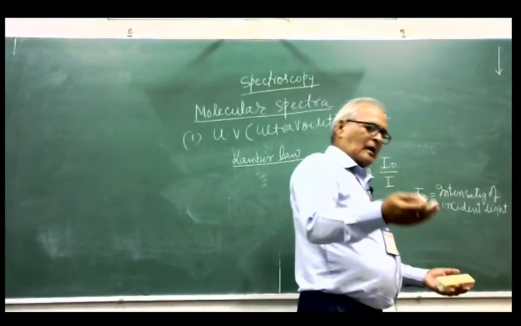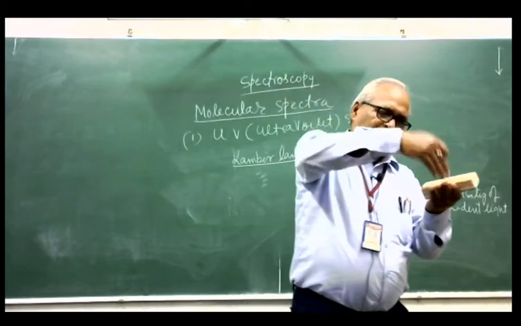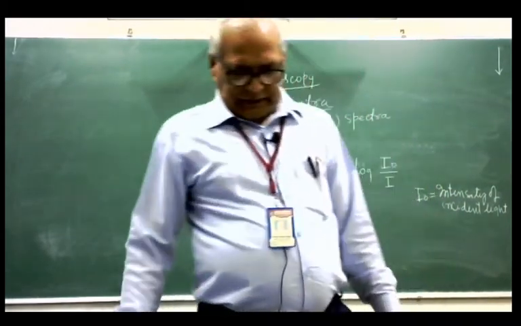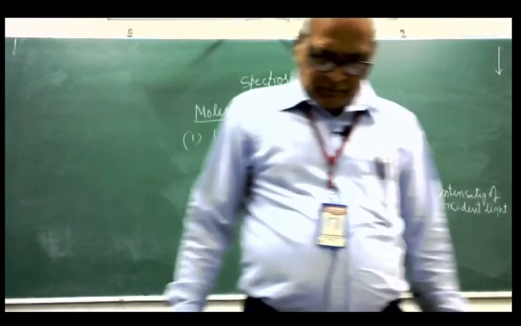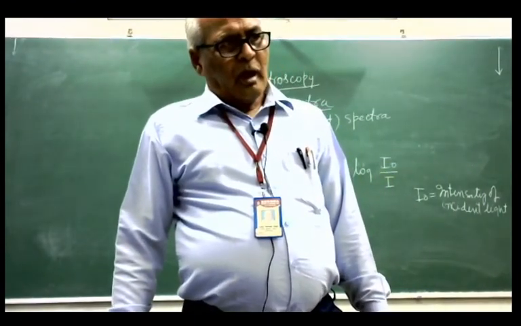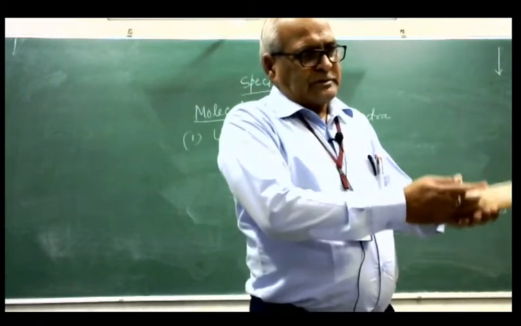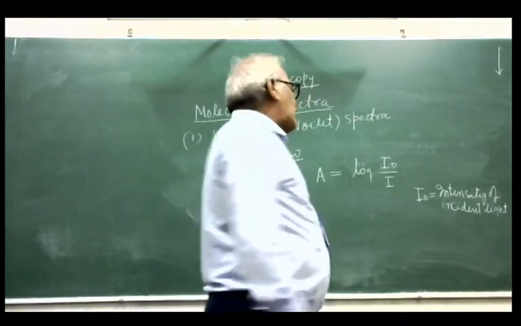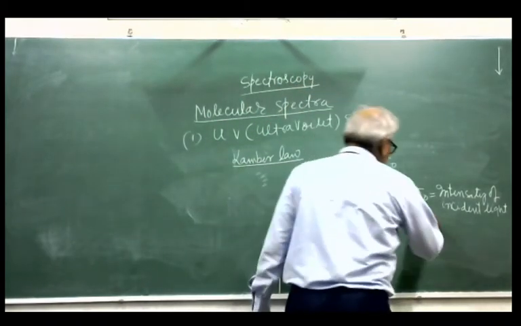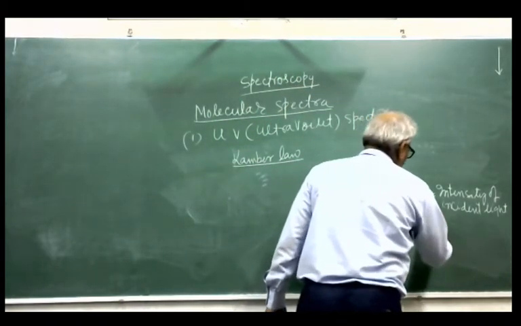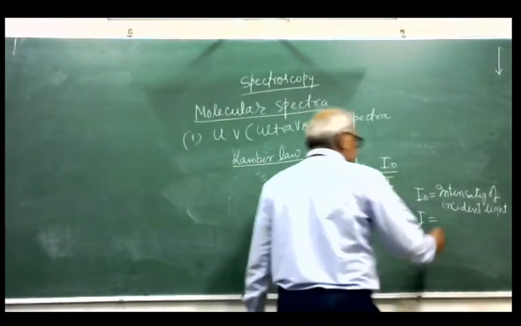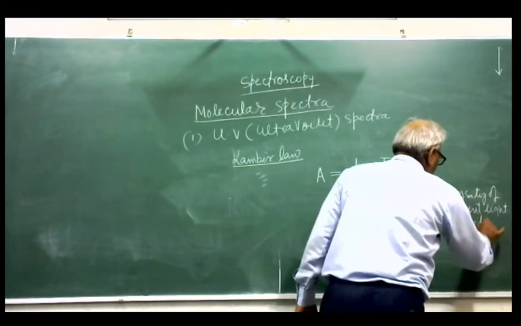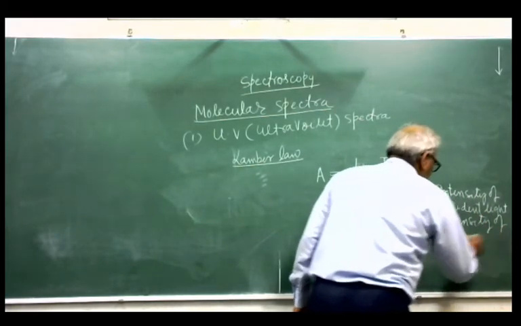The light which is falling is the incident light. After absorption, some of the light may be transmitted, so I is the intensity of the scattered light.